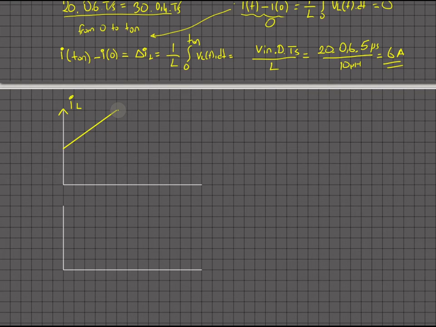Now I'm trying to put it to scale, somewhere here. I will tell you why I put it like that.